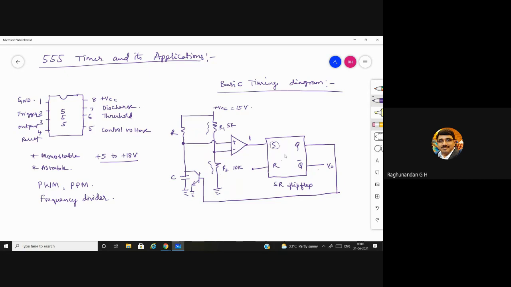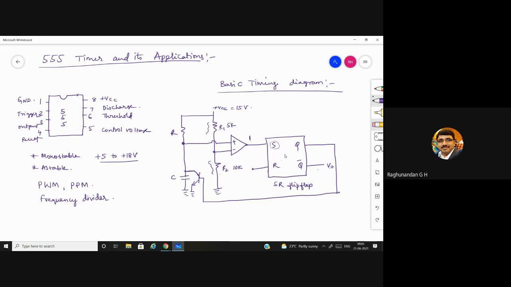When Q is high, since it is connected to the base of the transistor, the base current will be more. During that time, this transistor starts drawing the current from the capacitor.